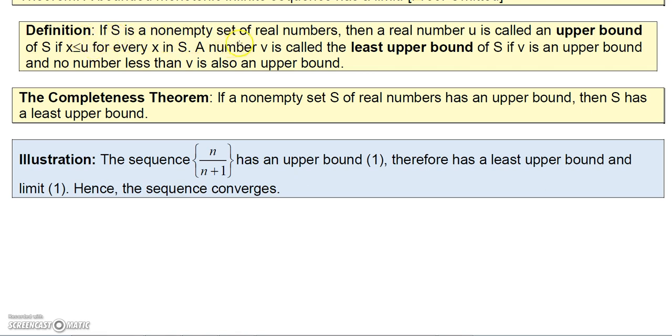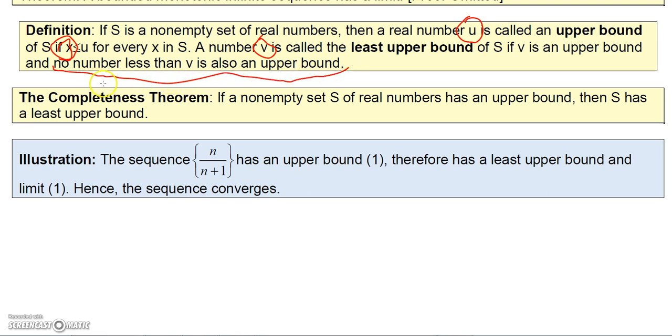So if S is a set of real numbers, then a real number U is an upper bound of the set if all of the values in the set are less than or equal to U. But a number V is called the least upper bound of S if V is an upper bound, in other words, all of the values in the set are less than or equal to V. But it also has the condition that no number less than V is an upper bound.